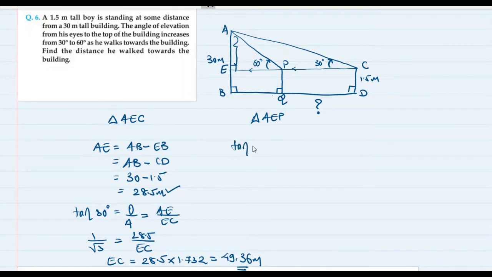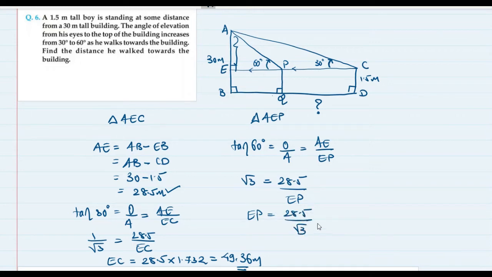So tan of 60 degrees is opposite upon adjacent. Opposite is AE, adjacent is EP. Tan 60 is root 3. AE is 28.5, we found it already, and EP we don't know. So EP is equal to 28.5 divided by root 3.